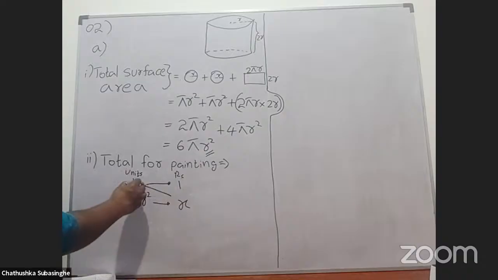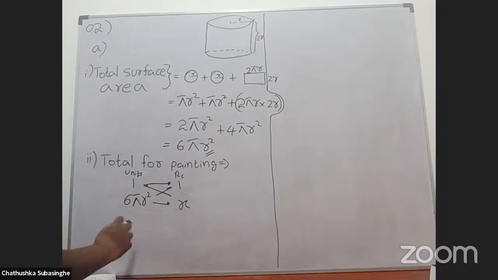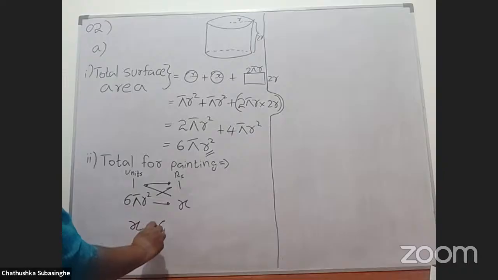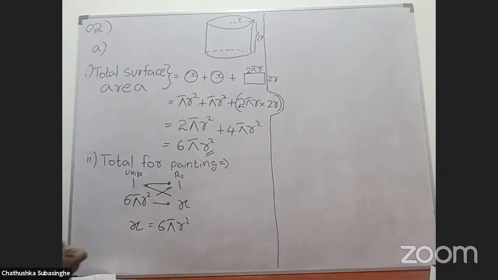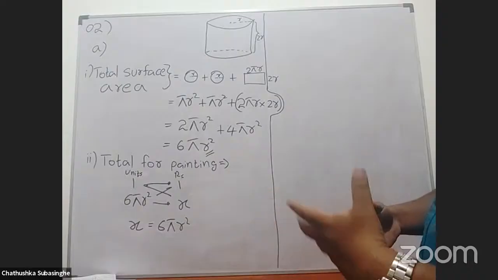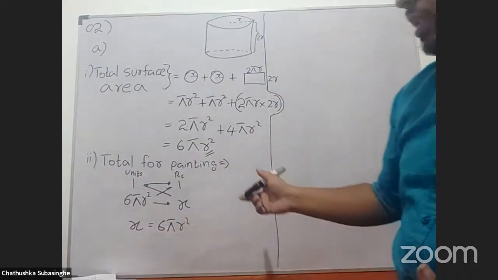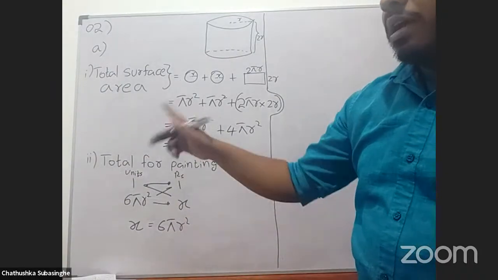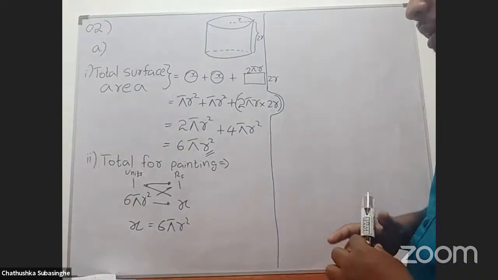We just have to multiply, x times 1 plus x, so x equals 6 pi r squared. So to paint this whole thing, it takes 6 pi r squared rupees. And they have given that it took 24 pi rupees.